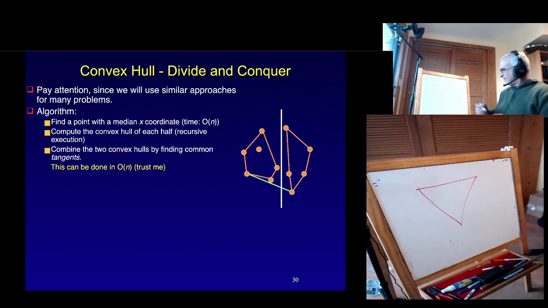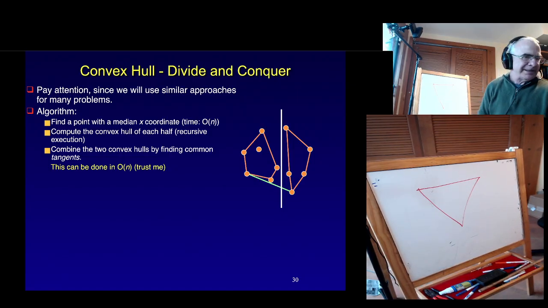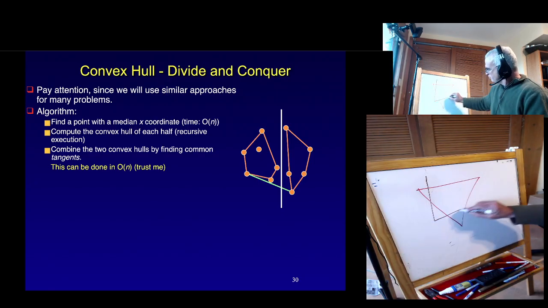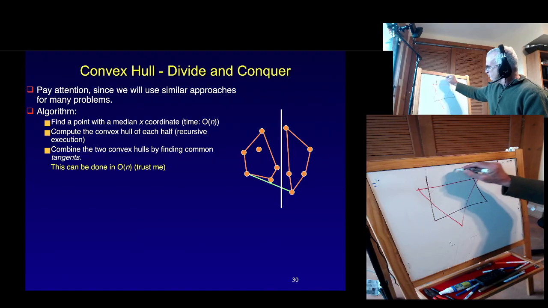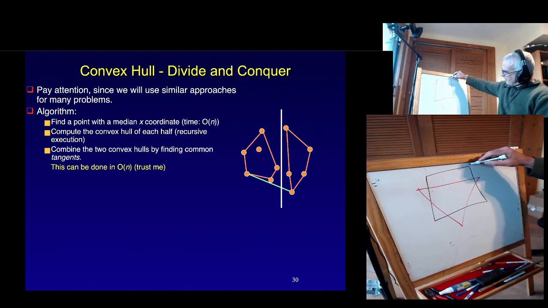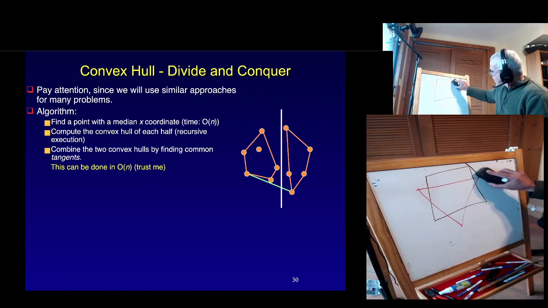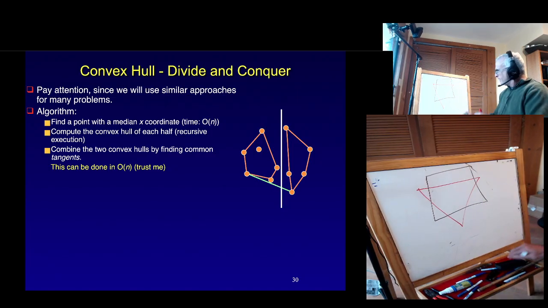If each one is an n-gon, then there can be a lot.